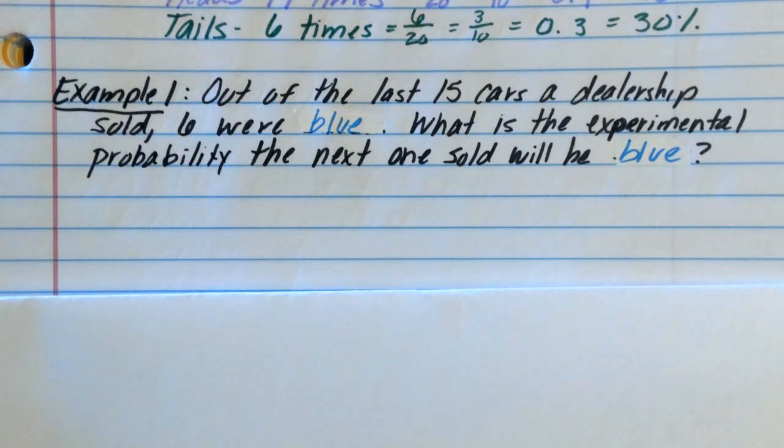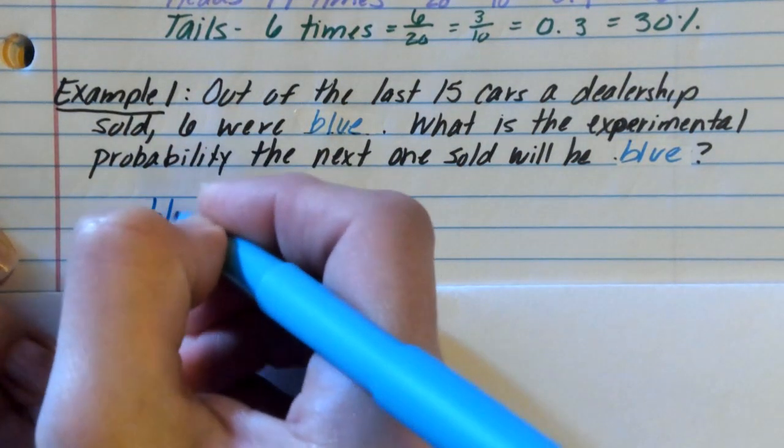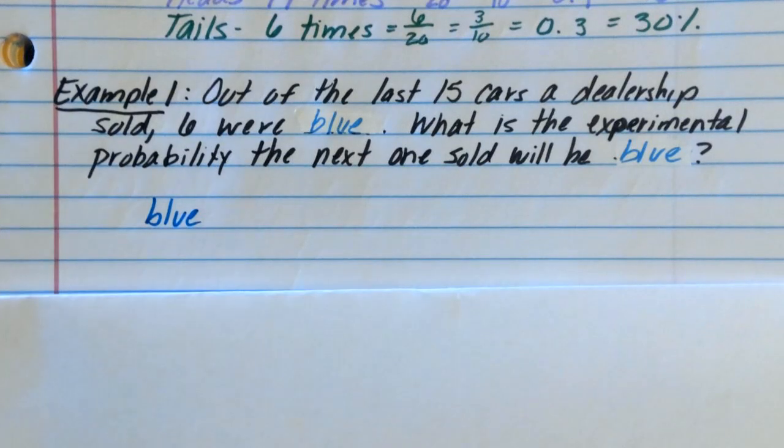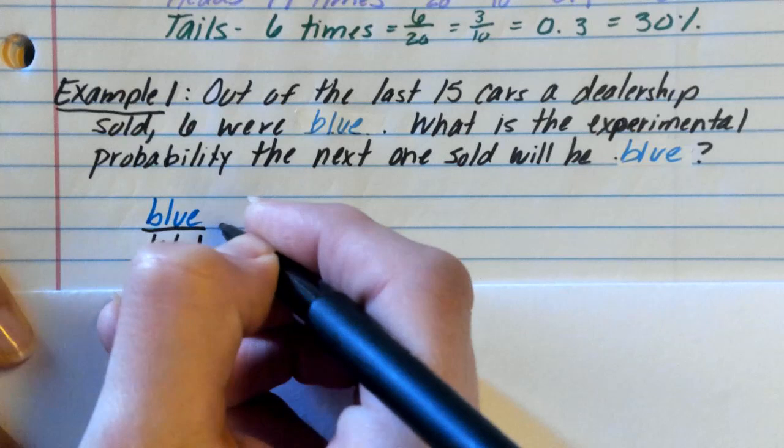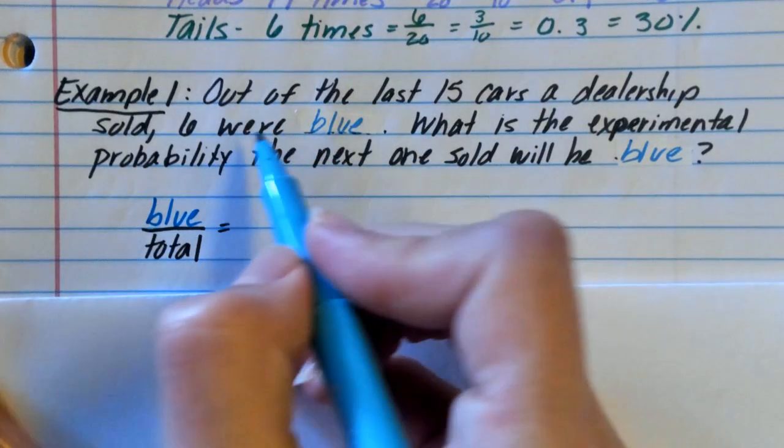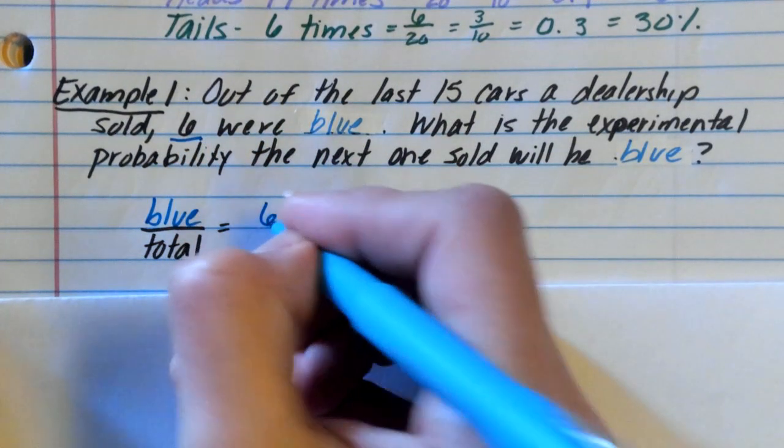So what we're looking for here is the probability of the next one in this experiment. According to this data, 6 of the last 15 were blue. So we need our blue over the total amount. How many did we sell that were blue? 6.